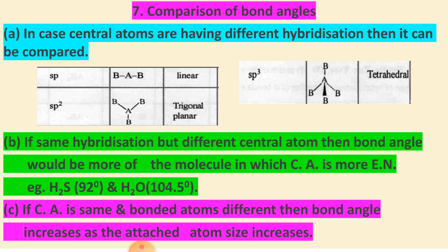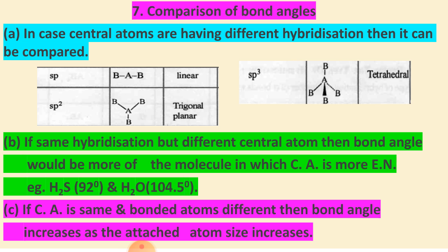So in this way you can find the bond angle of different molecules. One more thing you have to know: the more lone pairs on the central atom, the less will be the bond angle. Take the example of CH4, ammonia and water molecules.